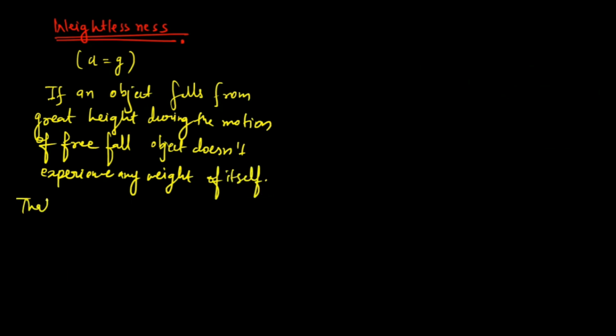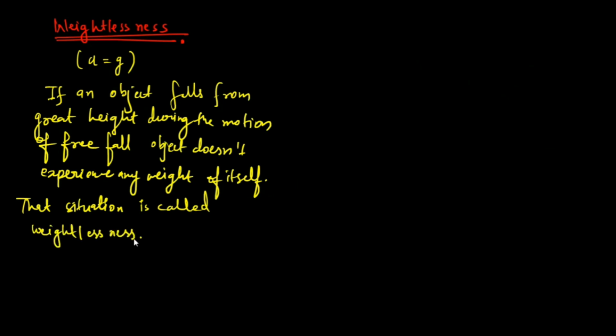And that situation is called weightlessness. So I have used the word object here, but that is something which is used for humans, or you can say the real person. Because objects, obviously, won't feel their own weight. How will they be able to feel their own weight? That is obviously referred to humans.